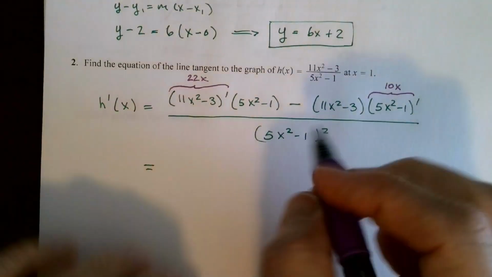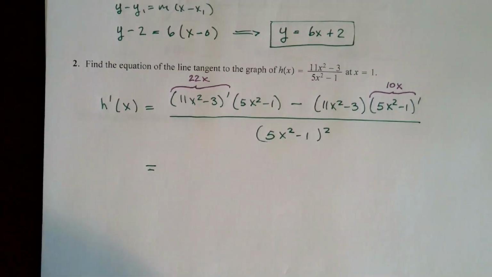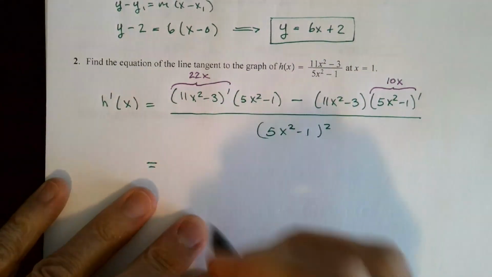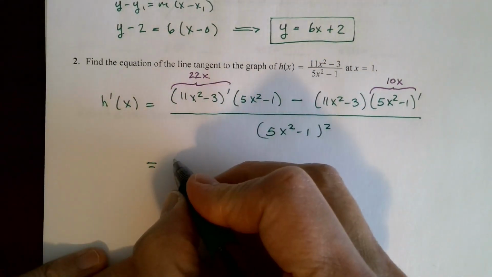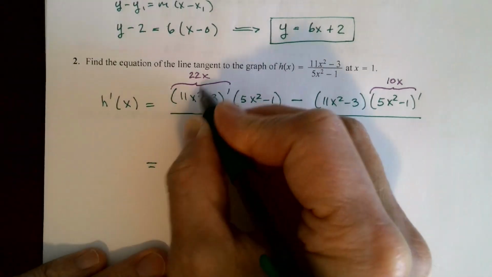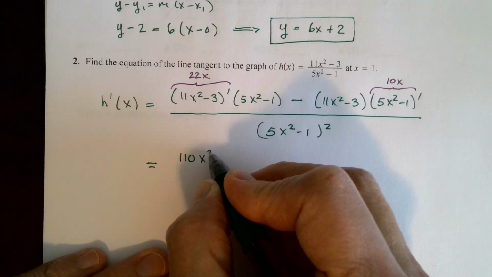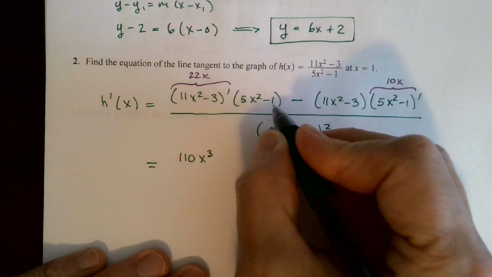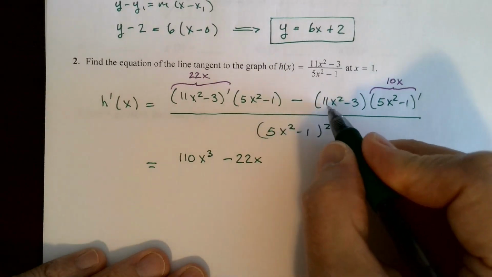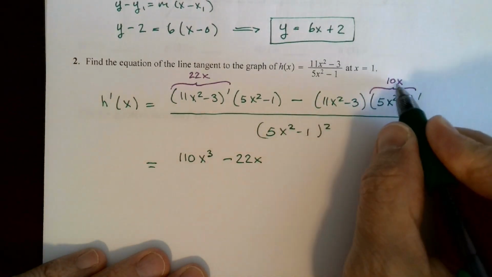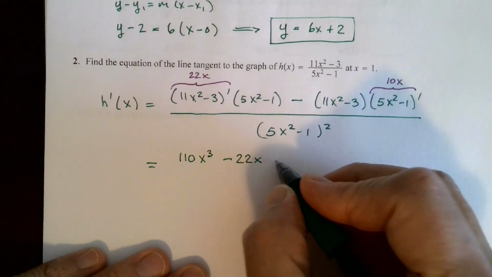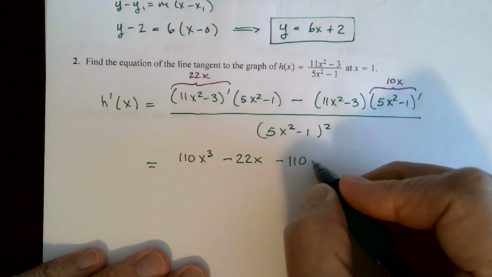Now, I am going to simplify this down. I know I didn't simplify the last derivative, but something nice happens. 22 times 5, can you do that? 20 times 5 is 100. 2 more 5s is 10, so that's 110. x what? x times x squared, x cubed. 22x times a negative 1 is just negative 22x. And then here I have minus 11x squared times 10x. 11 times 10 is also 110, so it's minus 110 x squared times x, which is x cubed.